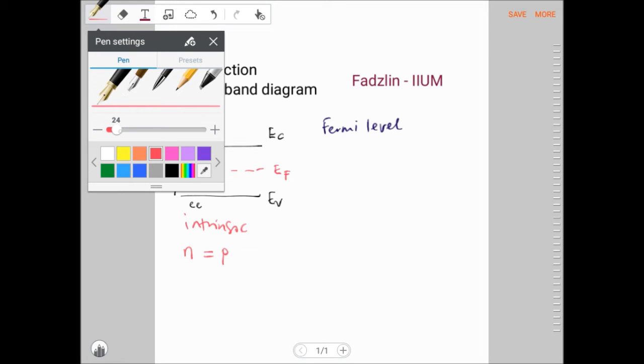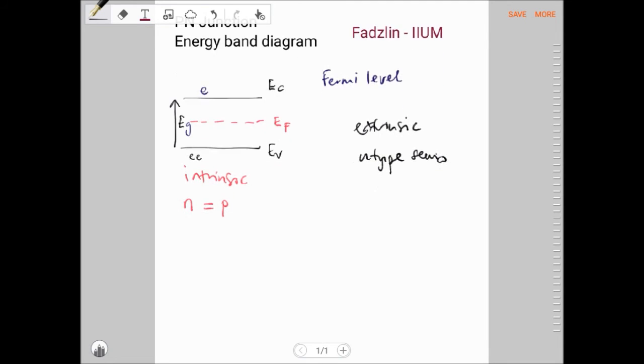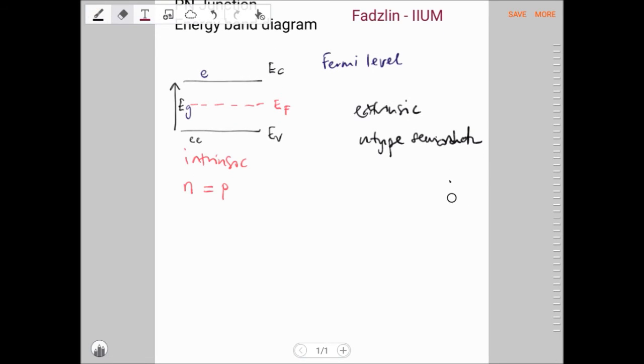However, for extrinsic semiconductors, you have two types: the N type and the P type. Let's look at the N type semiconductor first. This is the energy band diagram.